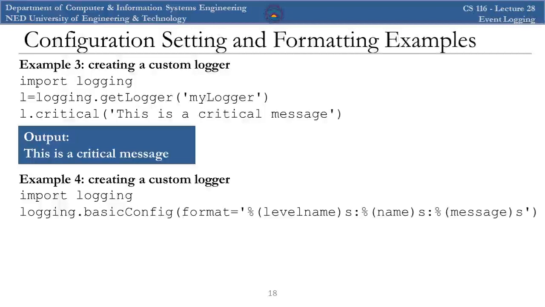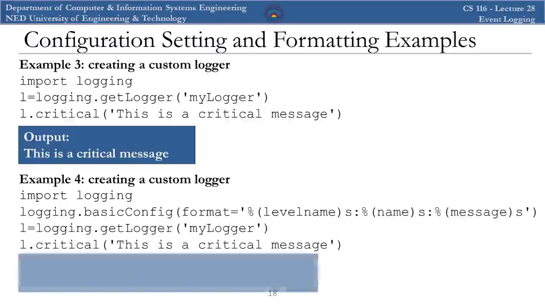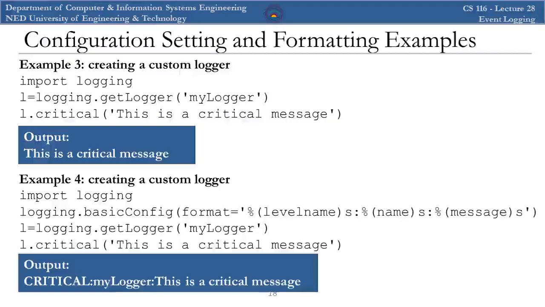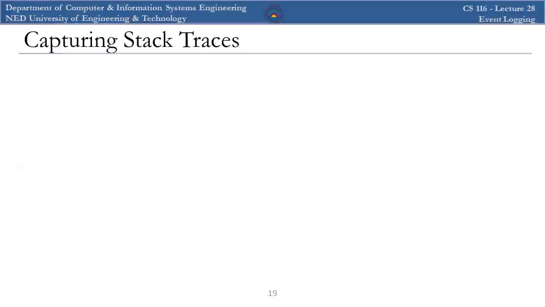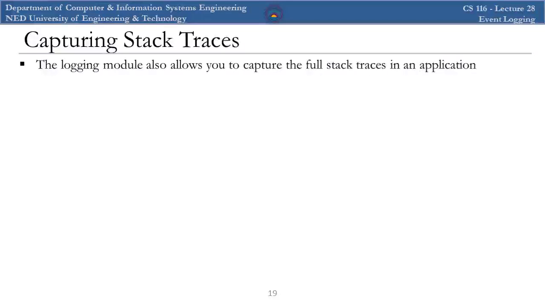See here, I'm writing the level name first, colon, then the name of my logger. The name actually refers to the name of my logger, which is my logger in this case, and then my message will be printed. And see, now it produced the output that I was expecting in example 3.